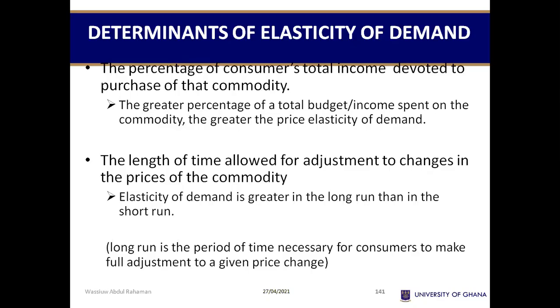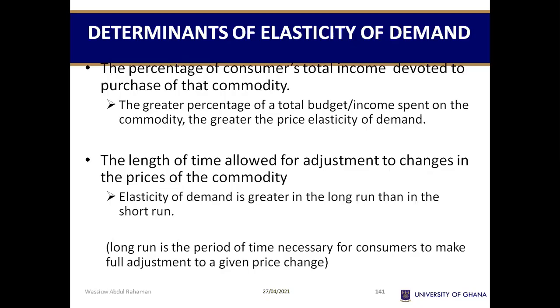If there are fewer substitutes, it is likely to be relatively inelastic. In terms of proportion of income spent, the lower the proportion, the less elastic the commodity is, and the bigger the proportion, the more elastic the demand.